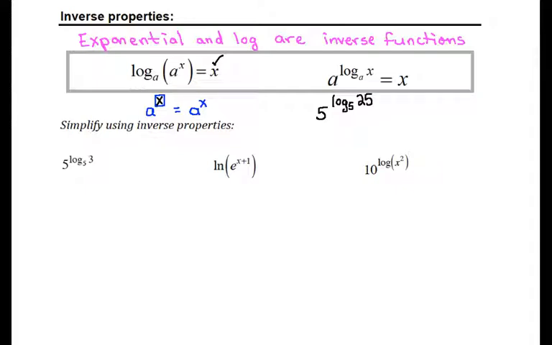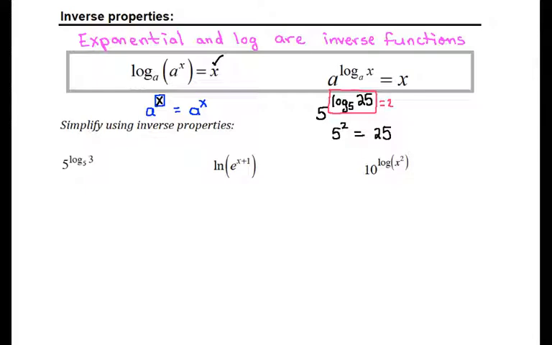If I were to just evaluate this using order of operations, I would first evaluate the log to base 5 of 25, and this part is equal to 2. So I am now going to take 5 to the power 2, which gets me 25.